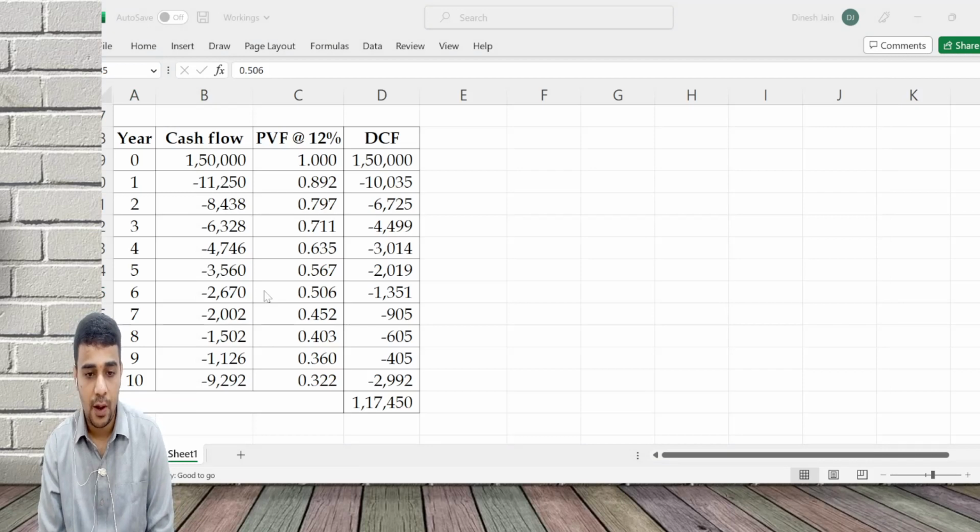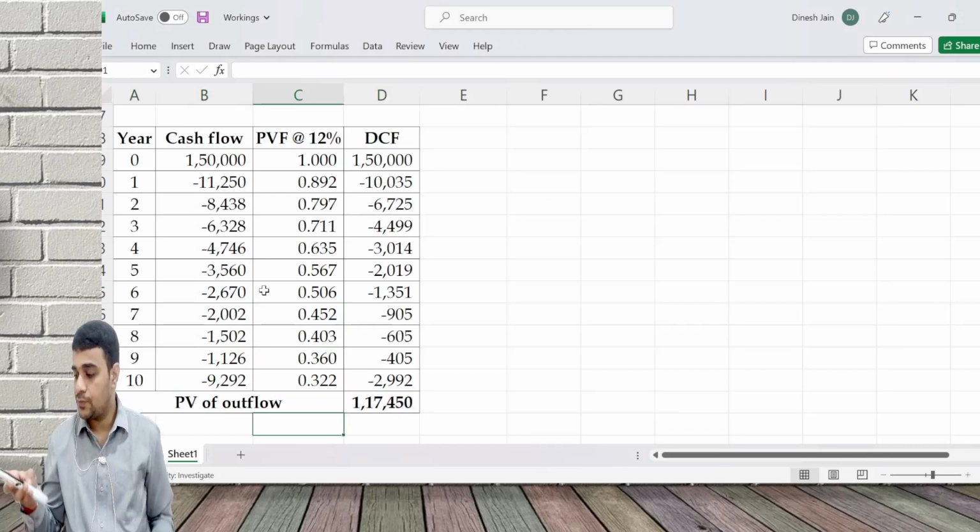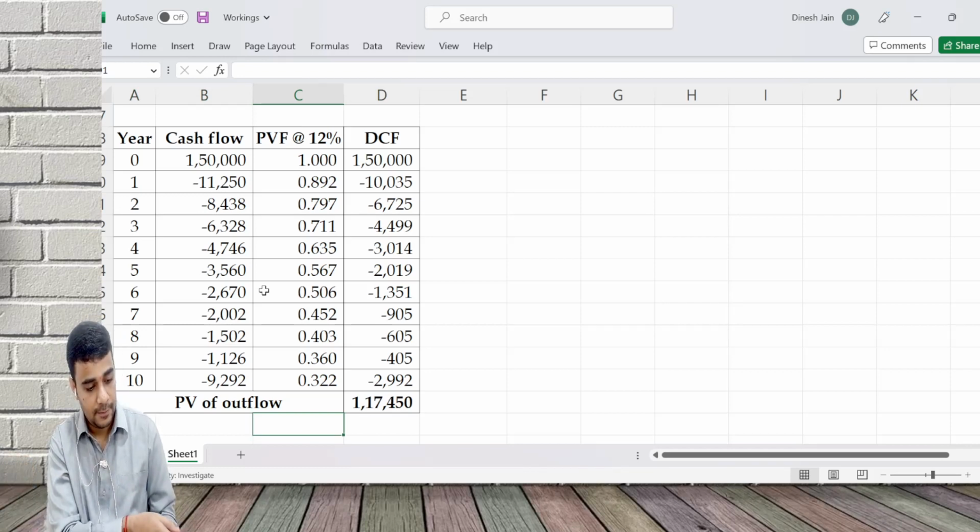Present value of outflow. I'll wait for some time. This is for the first option. PV of outflow is 117,450.